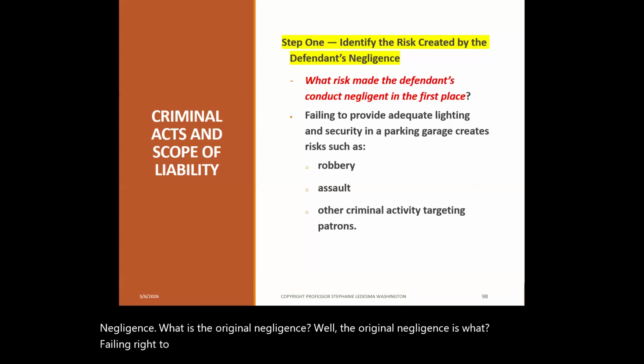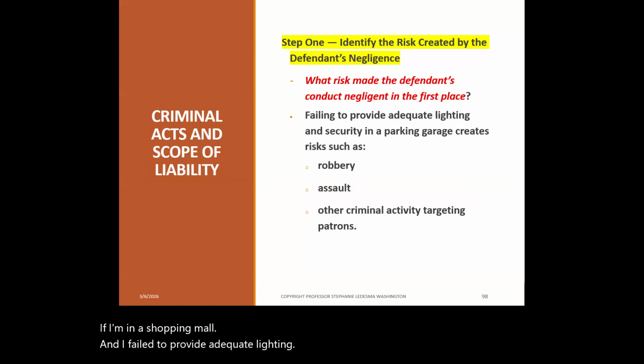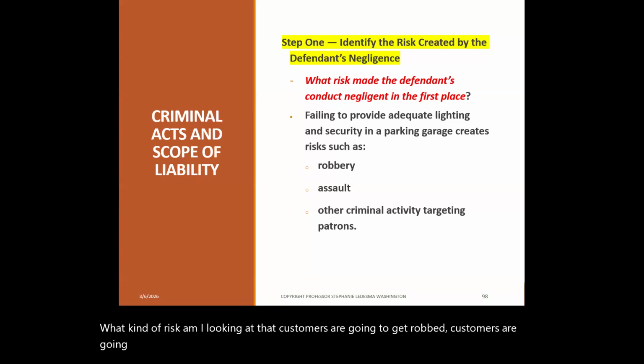So, what risk made the defendant's conduct negligent in the first place? Failure to provide adequate lighting. If I'm in a shopping mall and I fail to provide adequate lighting, what kind of risk am I looking at? That customers are going to get robbed, customers are going to get assaulted, other criminal activity, right? That's the risk that I can foreseeably anticipate.